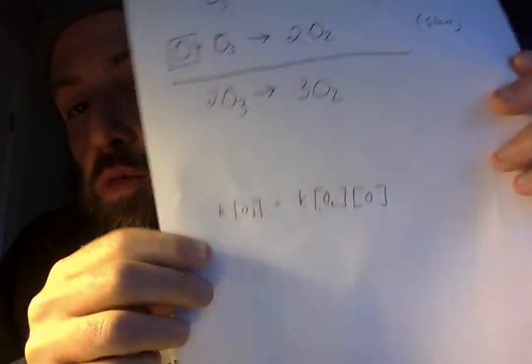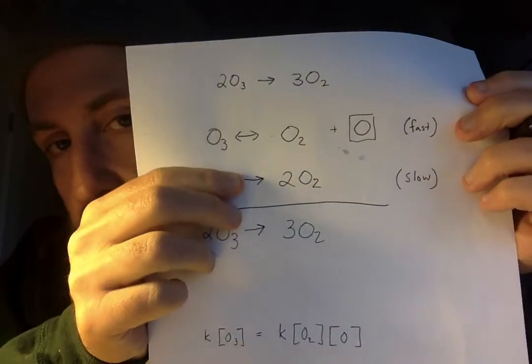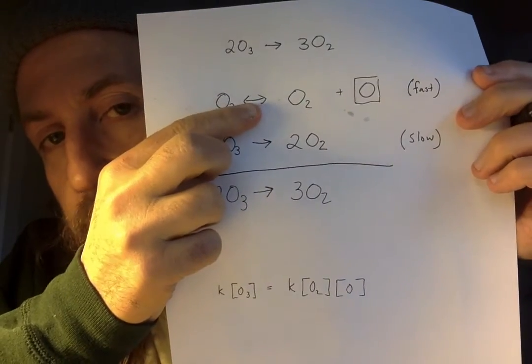So what I have to do is go back up into the reaction, look at that fast step and isolate the O. Essentially, I would create something that looks like this. I take the rate, because you see how this one has the back and forth arrow?